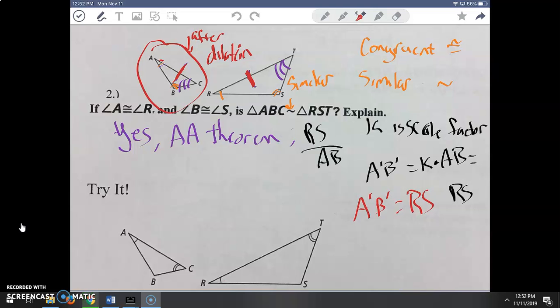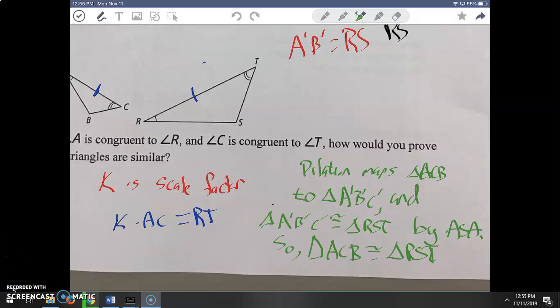So you guys try to look at the next one and see what you get. In this situation, K is the scale factor, so K times AC is equal to RT.